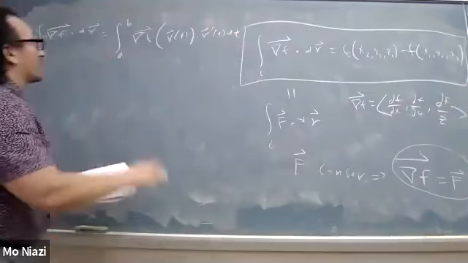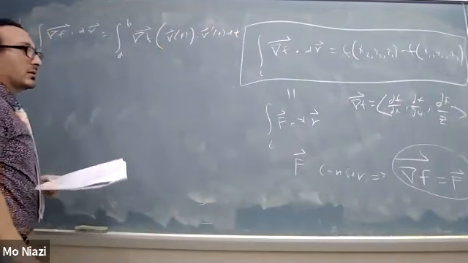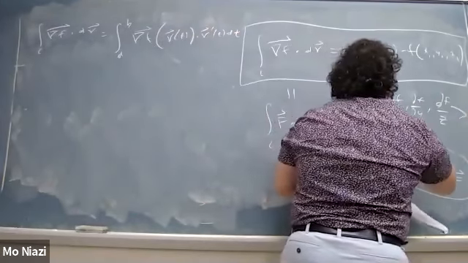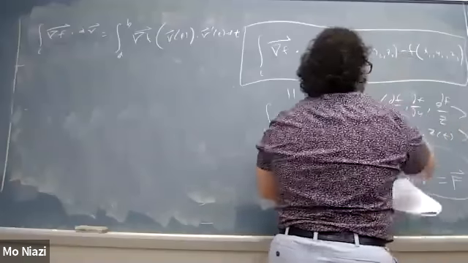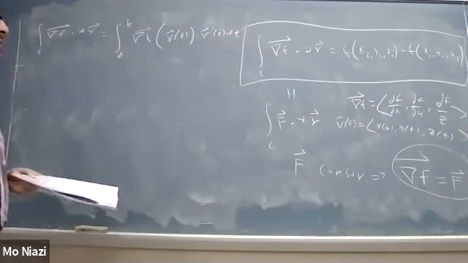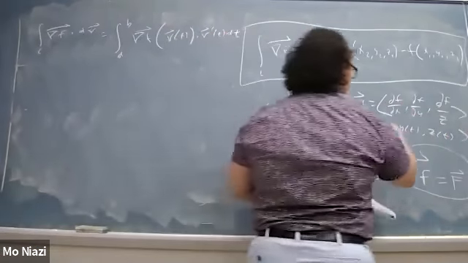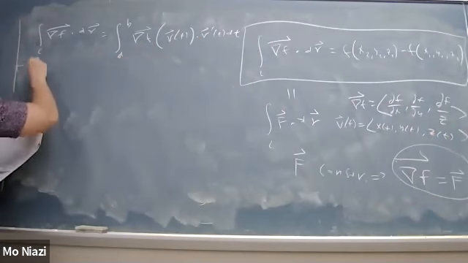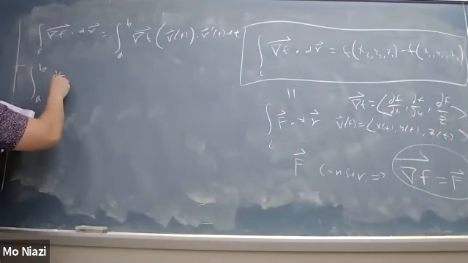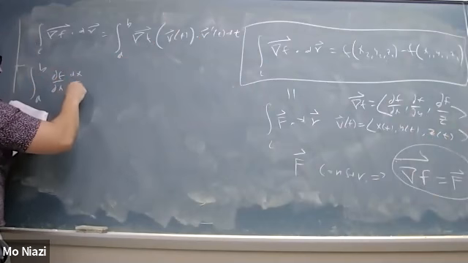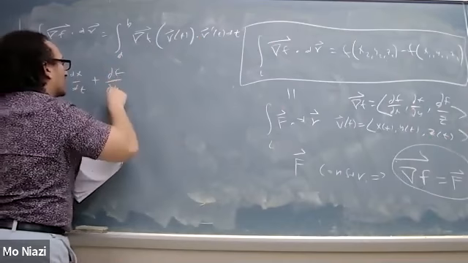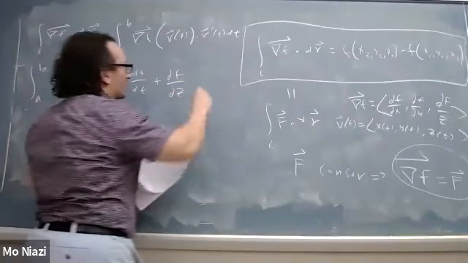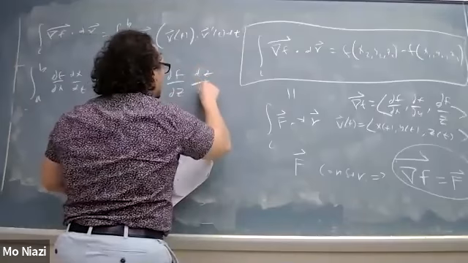So when we put the r of t, where r of t, remember, is just some x of t, y of t, z of t, and r prime of t is the derivative of these guys, when they meet up and you take the dot product, what you get is partial f partial x meeting up with x prime, which is dx dt, plus partial f partial y meeting up with y prime, which is dy dt, plus partial f partial z meeting up with z prime, which is dz dt.